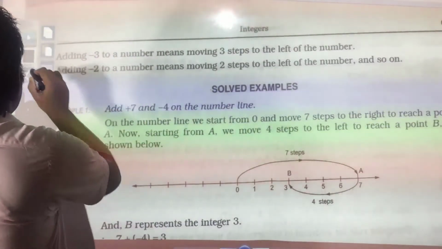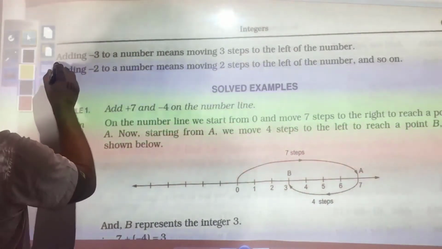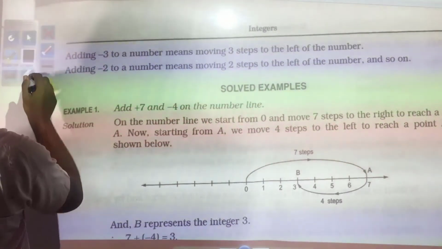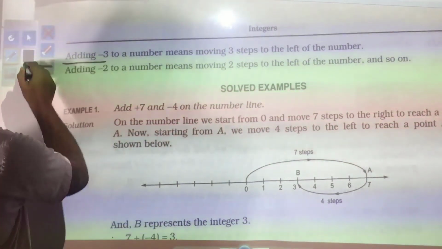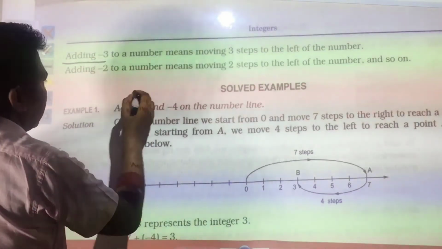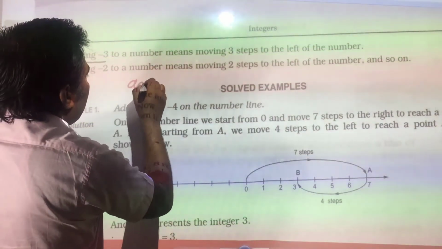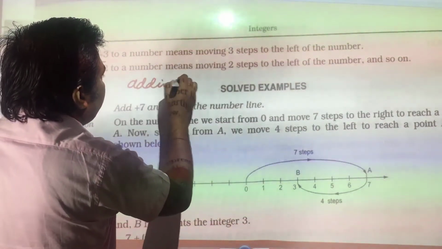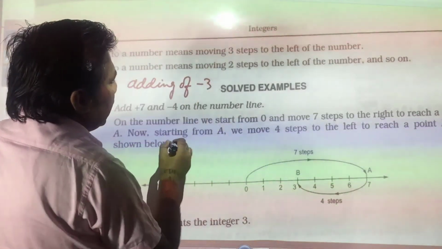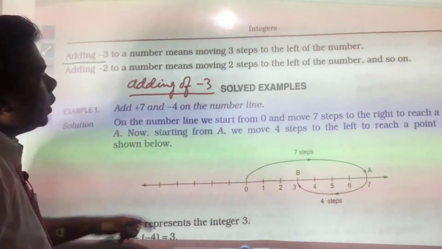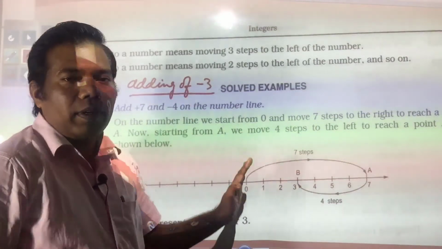Here you see, if it is being said adding minus 3, what does it mean? You need to subtract 3 from the given number.